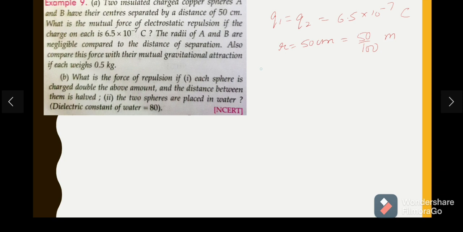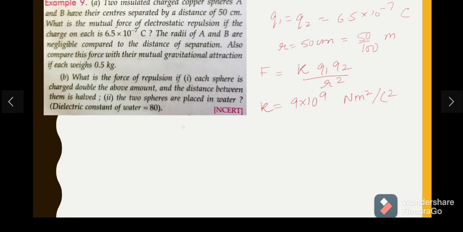Now the force between the charges can be simply calculated as K times Q1 Q2 by R square. K, as I already told you, Coulomb's constant, is 9 into 10 to the power 9 Newton meter square per coulomb square.